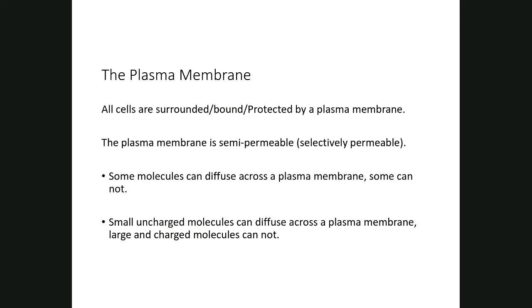Either they can't leave the cell or they can't get into the cell. For example, there are molecules that are perfectly capable of going across the plasma membrane. Usually those are small molecules and they don't carry a charge. They're not positive or negative ions, for example.